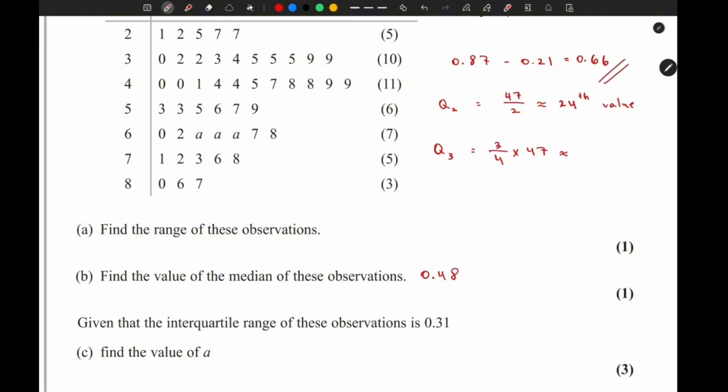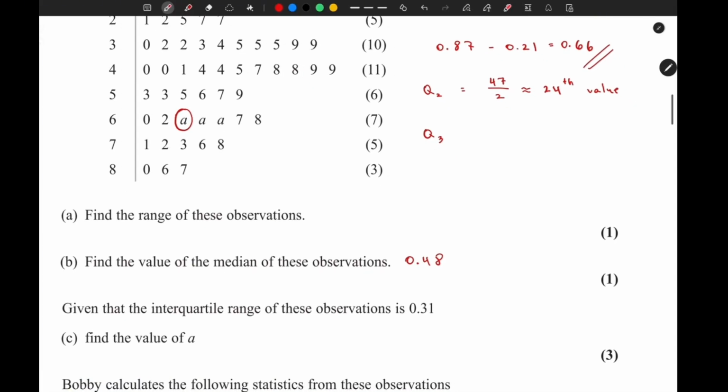If we round this up, it is the 36th value. So it will lie somewhere on this part. There's a problem with this: 6 bar A is a variable. You cannot write this as 0.6A since we do not know the value of A. So you can just leave it like this. The upper quartile is unknown. Let's call this Q3.